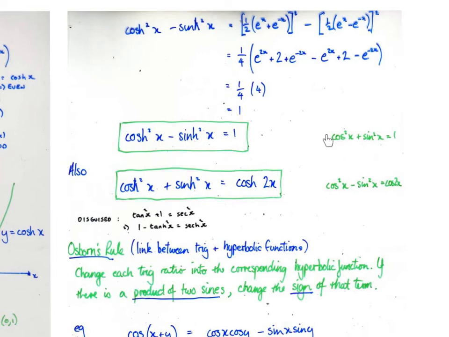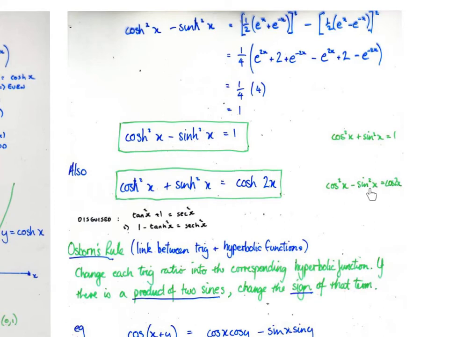When you have one of those in the trigonometric equation, then to adapt it to get a hyperbolic equivalent, where there is a product of sines, you change the sign. So instead of cos squared x plus sine squared x, it actually becomes cos squared x minus sine squared x.